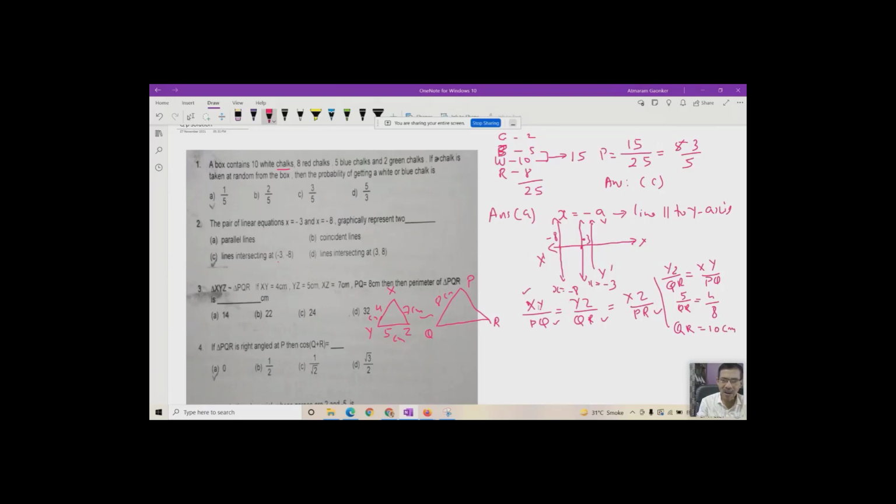And then equate this with this. Equate these two things and you will get PR. Or you can do one more method. You see these two triangles are similar, so their sides are in proportion.